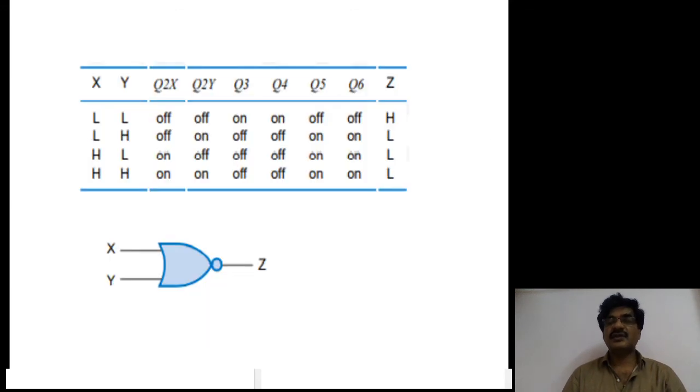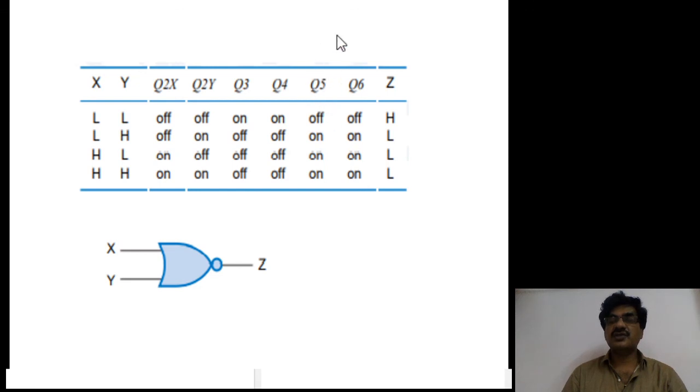Let us see the truth table based on the on and off states of the different transistors. We can make the truth table like this. The final output Z is with reference to transistor Q5, because the output is taken across transistor Q5, as you can see in the diagram.